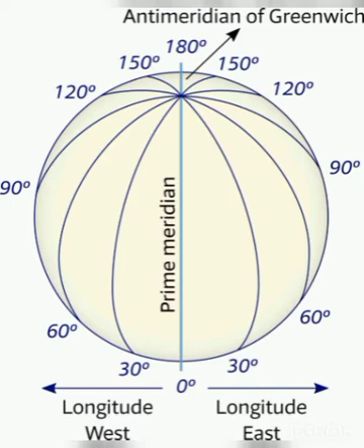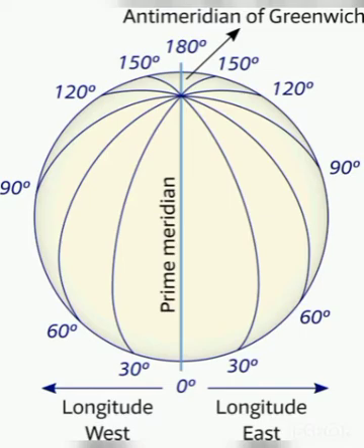So, what is a grid? The lines of latitude and the lines of longitude intersect each other at right angles, forming a network. This network is known as a grid. This grid is very important for locating places.